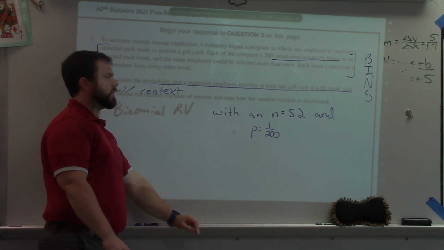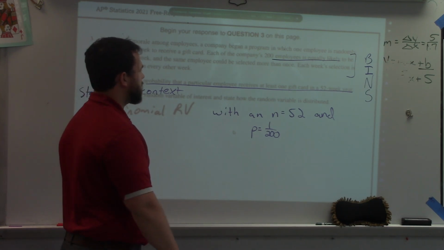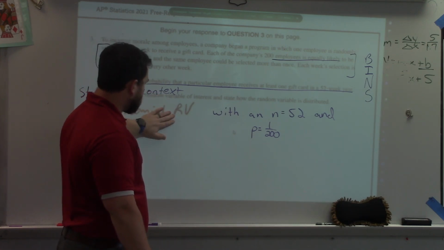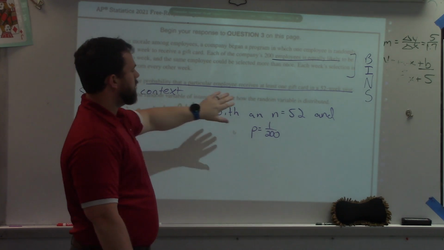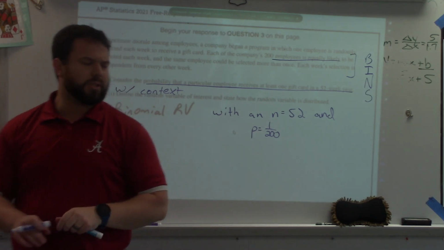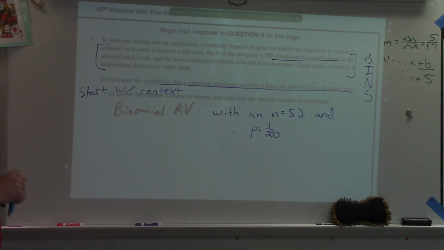So it's how many successes out of those 52 weeks getting a gift card. Start with your context, identify it as a binomial random variable, define your parameters. And how do we tell a binomial versus a geometric again? The geometric is the number of trials until a success.